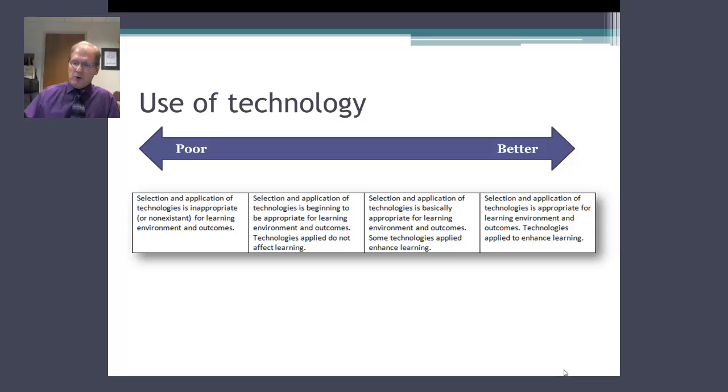Was it done in an appropriate manner that facilitates the learning that should occur? If not, why not? Can other forms of technology be considered, and how could those help with the learning that is to occur? Think through these things, and as you look at your lesson plan, you can know it is on the better end when it actually identifies some of those technologies and the best use of those technologies.